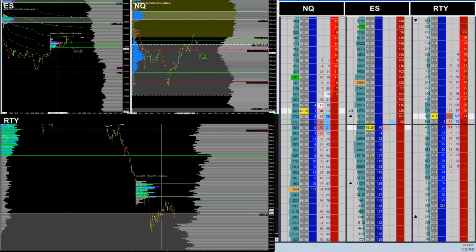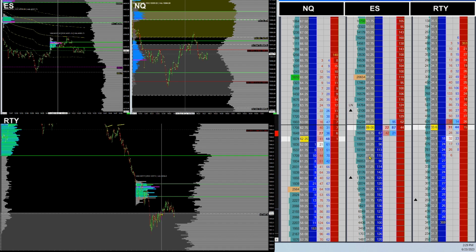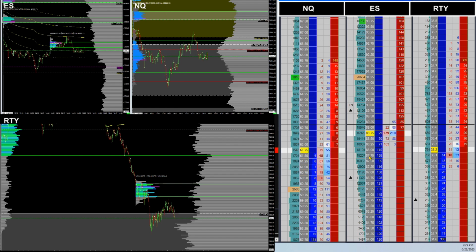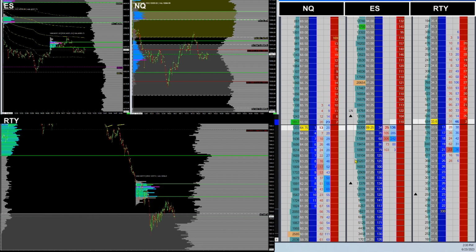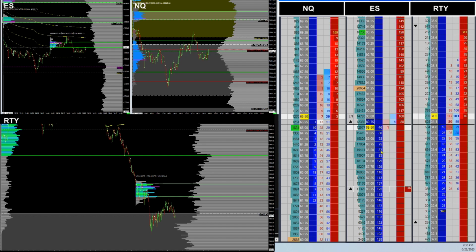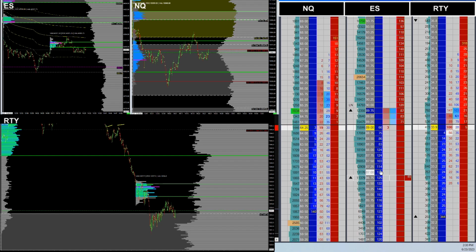This is getting really interesting. This is getting fascinating. A bit of a riskier trade.